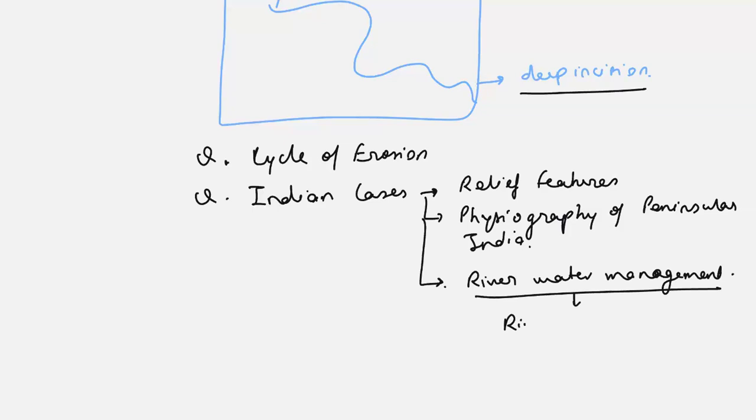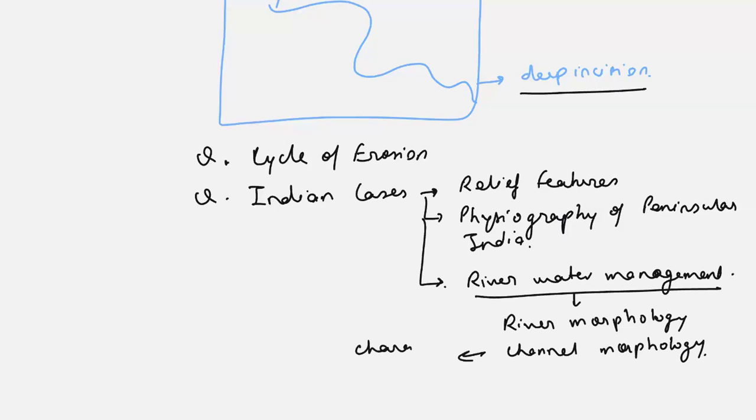We can also call it channel morphology, that is, why this river is having certain characteristics. So we can explain it here.